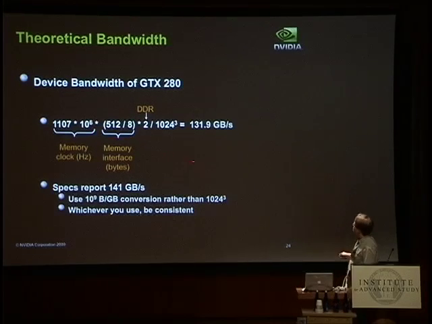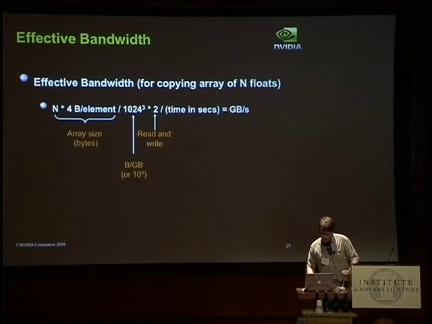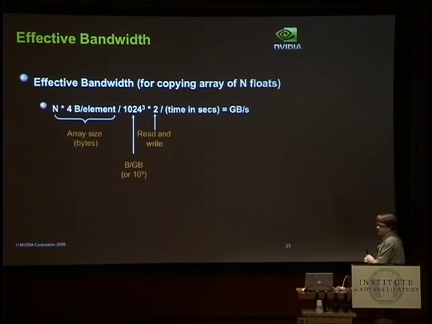For example, they say that they get 141 gigabytes per second on a Tesla, and you do some simple test and you can never get more than 132 gigabytes per second. It's because they used a billion rather than 1,024 cubed. The effective bandwidth is just defined to be what you would do for copying an array of these things. Nothing funny about that.